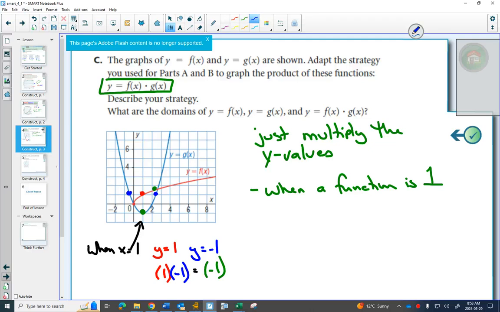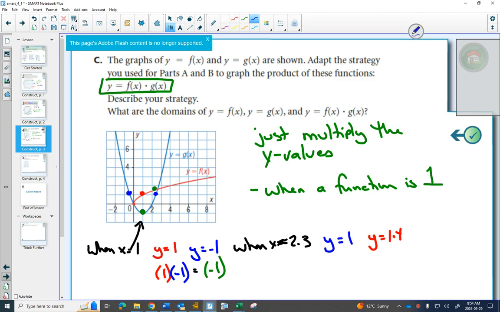Now, for the next point, when x is, I don't even know what the x value is, and it doesn't matter. When x is about 2.3, that's when my blue graph was equal to 1. And my red graph, I'm going to have to estimate it, looks like it's about 1.4.